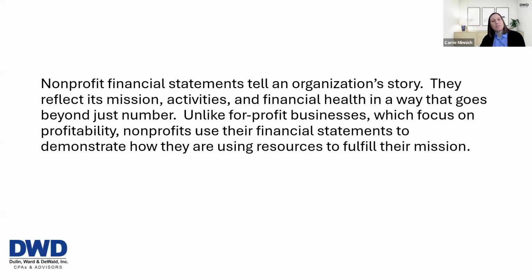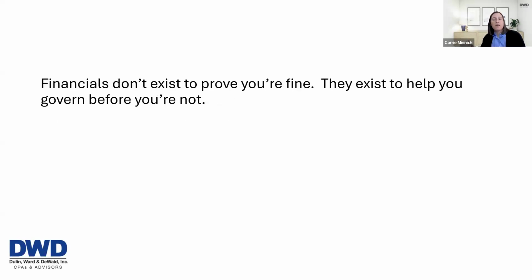Nonprofits use their financial statements to demonstrate how they're using resources to fulfill their mission, because I know you have lots of funders asking for financial statements. Your board looks at financial statements. The IRS, in an indirect way, looks at it when you report those numbers on the 990. You have a lot of people looking at your financial statements.